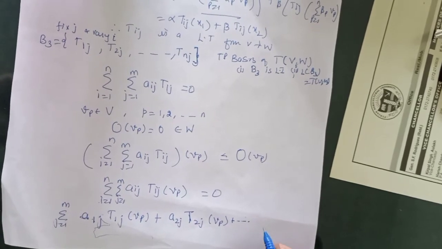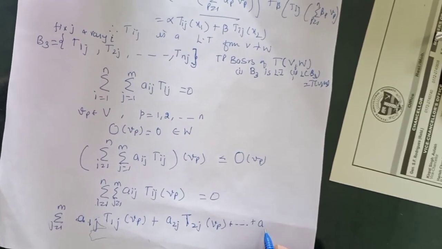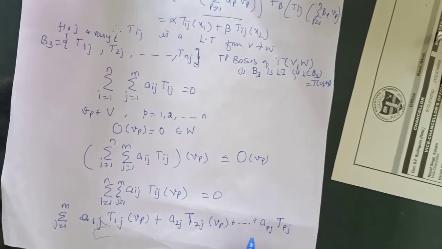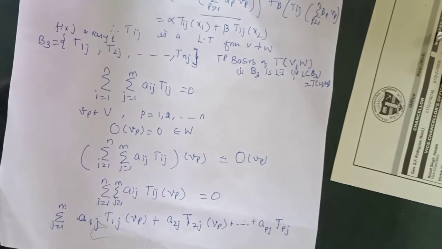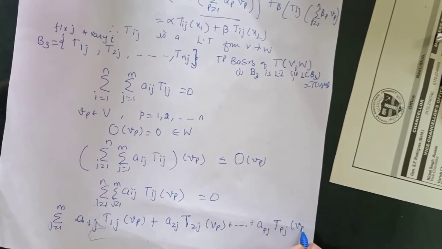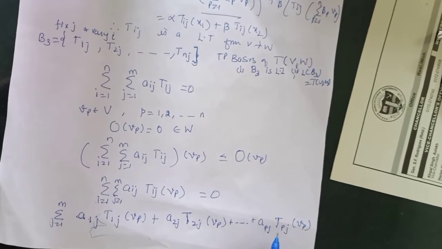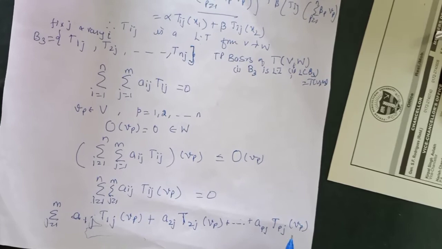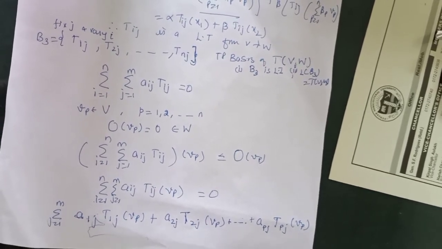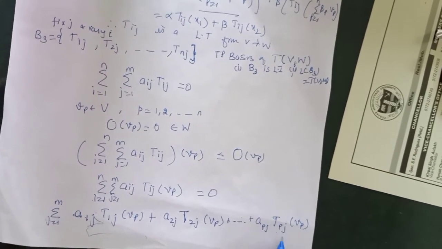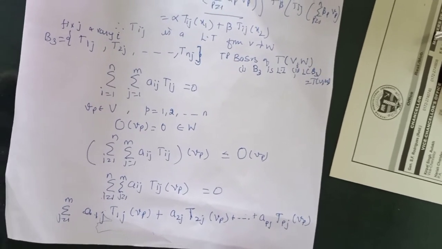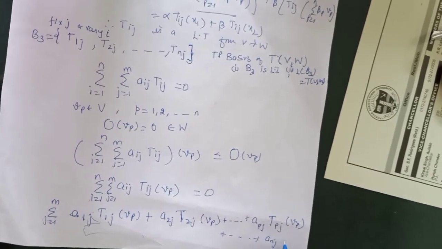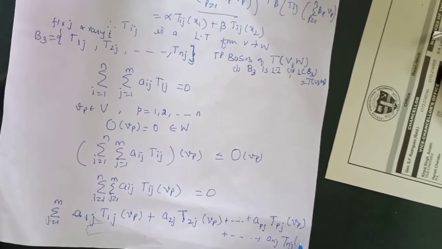In between somewhere I will obtain Apj, Tpj. Why have I stopped here? I have written this specially. Now can you recall the definition of this Tij linear transformation? Except for p, it will make everything 0, and it will take this Vp to Wj. So I have written it specially, and in the end we will obtain Anj, Tnj, Vp.